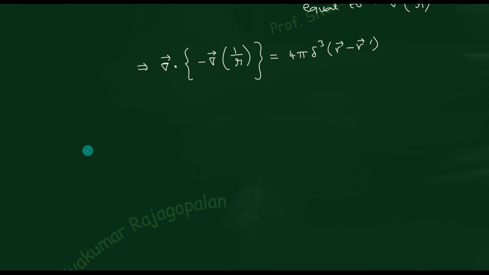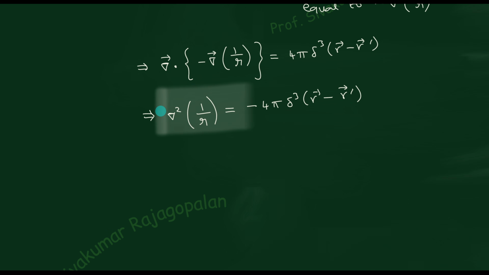So you can now understand that we are combining the equation A and the previous divergence result, and this is the final result. Del square of 1 over r equal to minus, that minus goes there, so minus 4 pi del cube of r minus r prime, and that's all. I'll put a box or highlight this. This is another important result that we have.